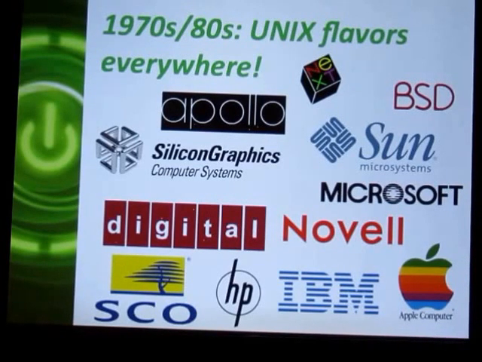And to make it worse, we got BSD out there, which is doing a lot of development very aggressively, their own way, kind of going down a different path. So Unix was very fragmented in the 80s, and what that did is it made it very expensive to develop because companies knew that they could charge a lot for their flavor. And they knew that everyone else could charge a lot, kind of like gas stations.